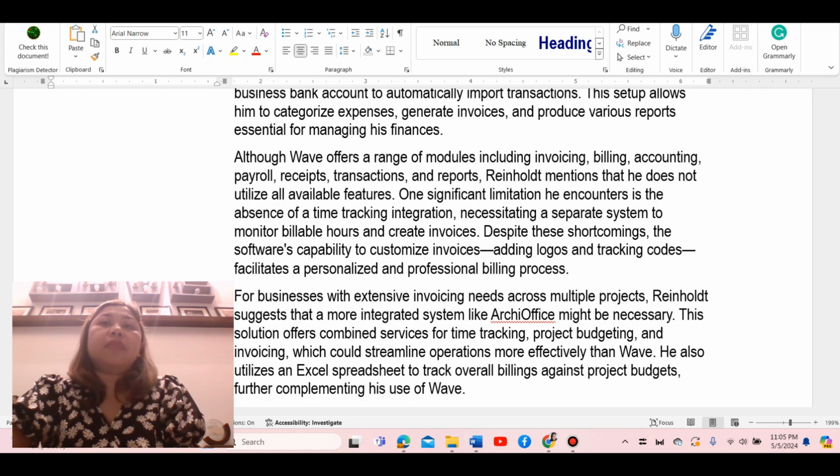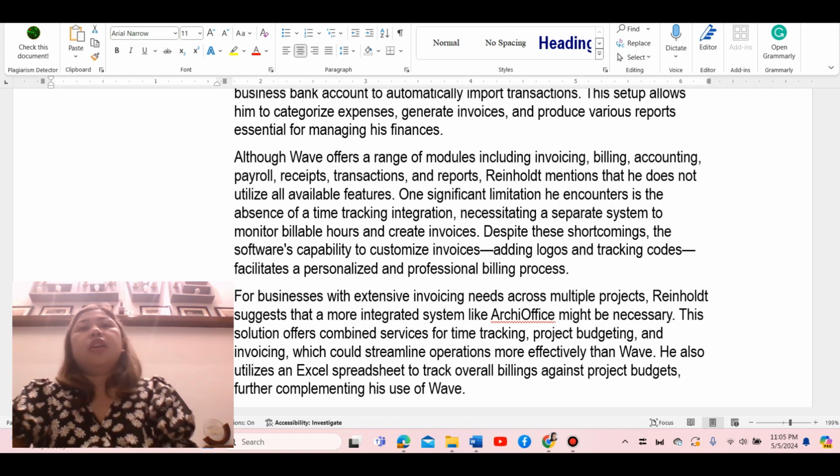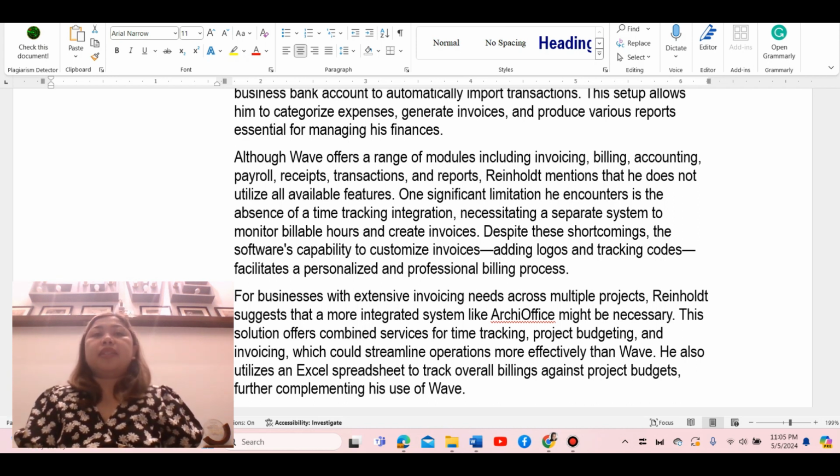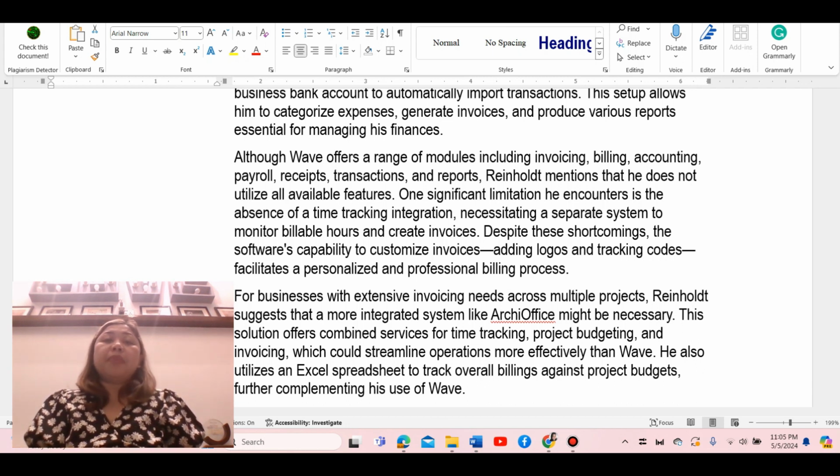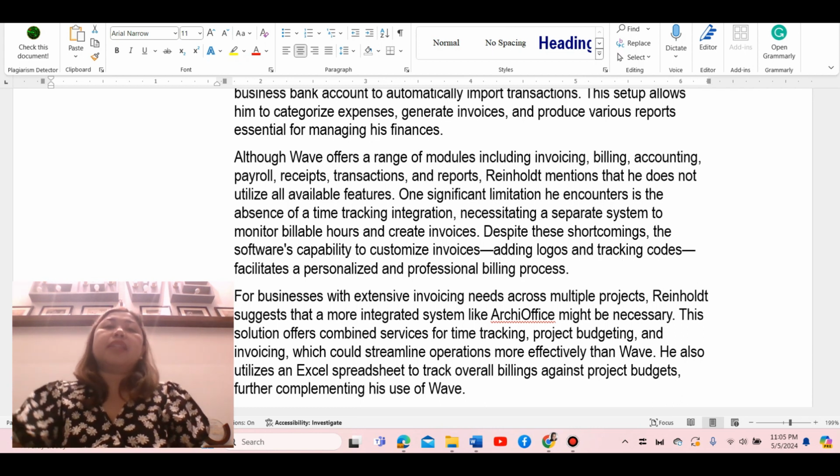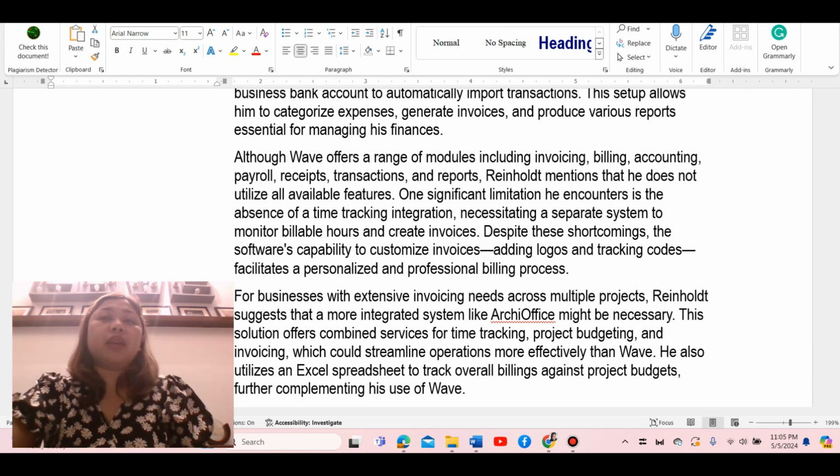One significant limitation he encounters is the absence of time tracking integration, necessitating a separate system to monitor billable hours and create invoices. Despite these shortcomings, the software's capability to customize invoices, adding logos and tracking codes, facilitates a personalized and professional billing process.